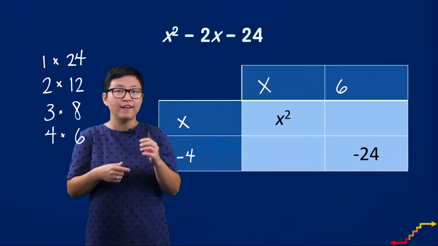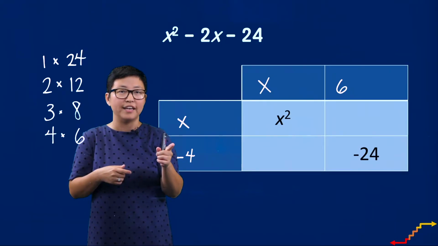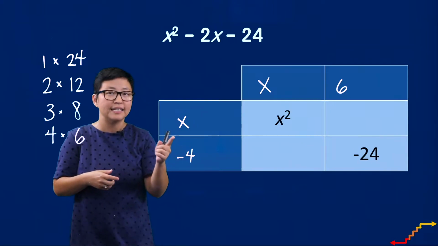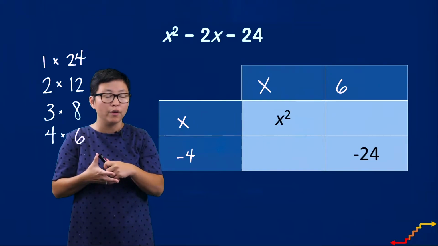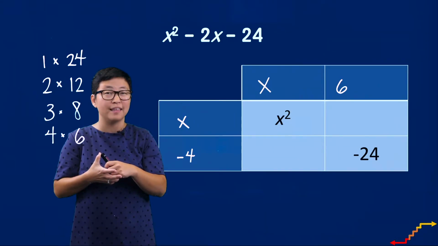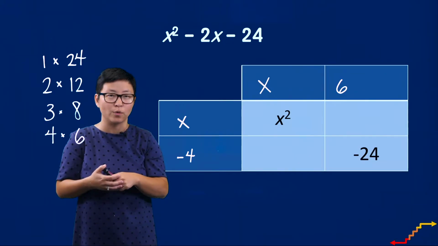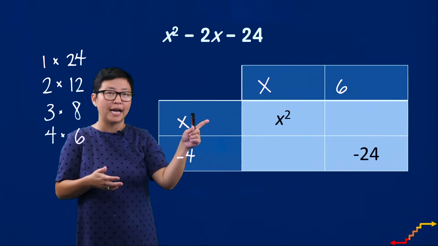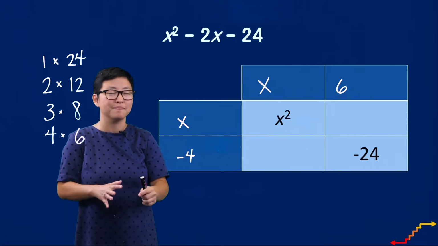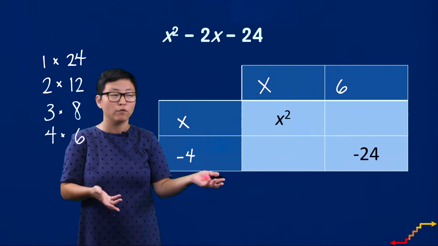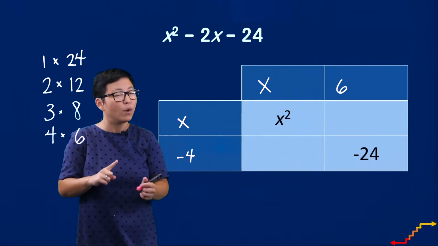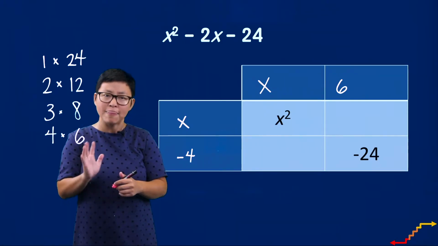If I'm trying to see if -4 and 6 sum to -2, I would say that -4 plus 6 is +2. So that doesn't work. -4 times 6 does still have the product of -24, so it works in that way. But it doesn't quite work for our linear term, and that's okay.